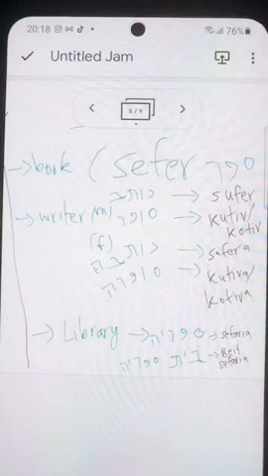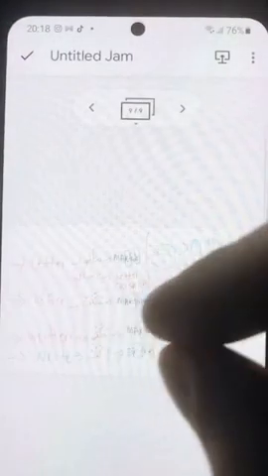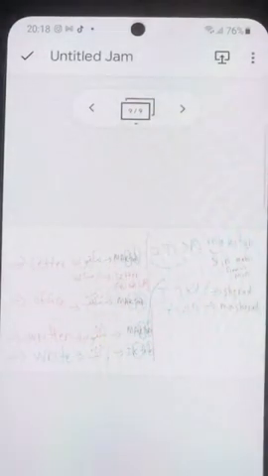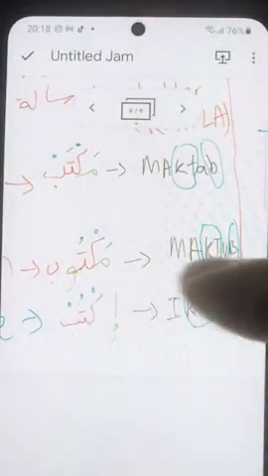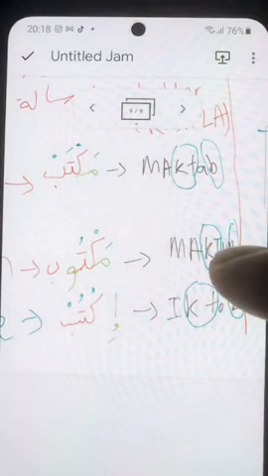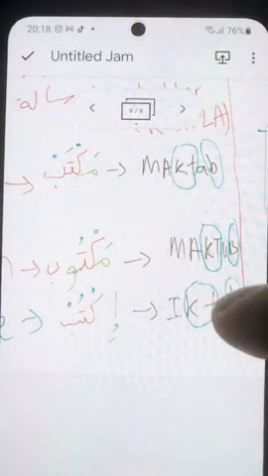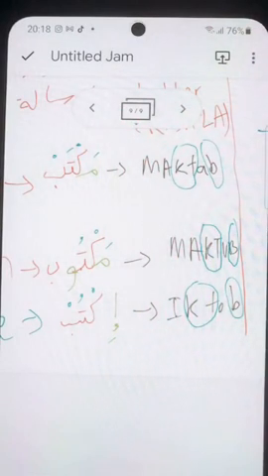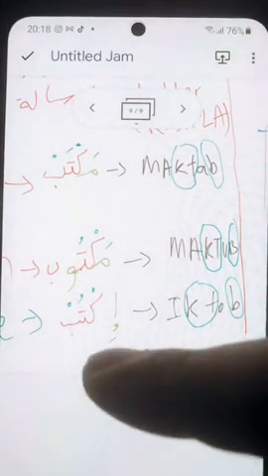Sheen, Bet. Yeah. Okay. And then the last one, Iktob. Okay.